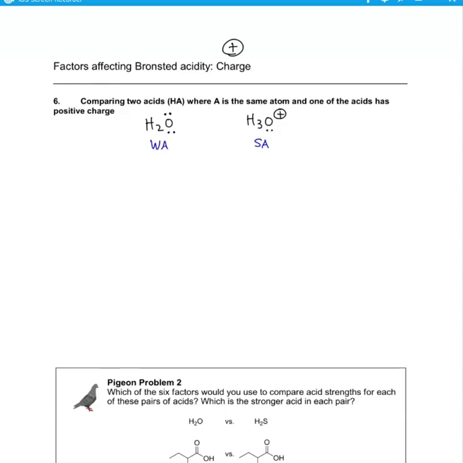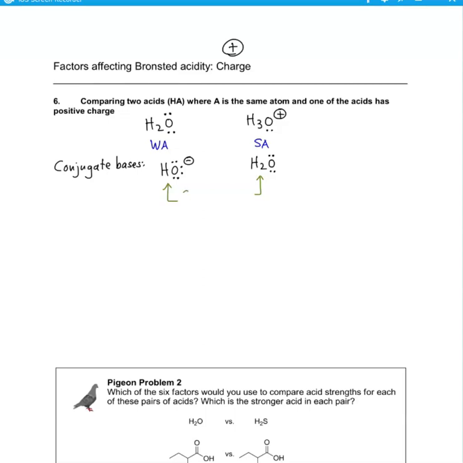But if we approach this using a conjugate base standpoint, the conjugate base of water is hydroxide, and the conjugate base of hydronium is water. Well, hydroxide has a charge, but water doesn't.